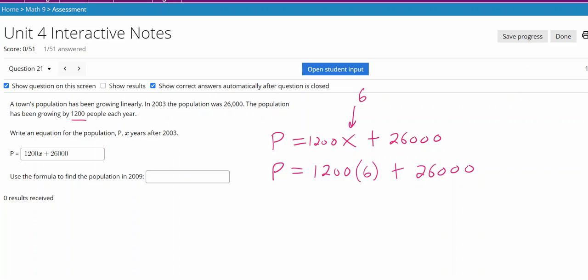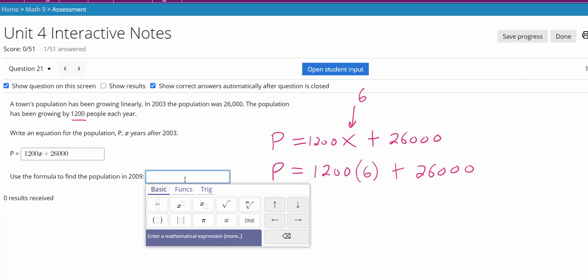Okay, so maybe we'll just do this one together. I'll just put this one in. So this was 1,200 times 6 plus 2,600. Okay, so we get 33,200.